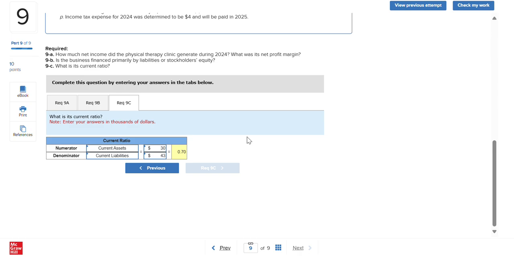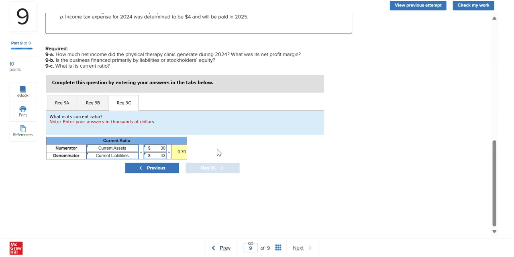And lastly, I had to find out the company's current ratio, which shows how easily a company can pay its short-term debts with short-term assets. The way I found the ratio is I divided the current assets, which were 30,000, by current liabilities, which were 43,000, and that gave me a ratio of 0.70.